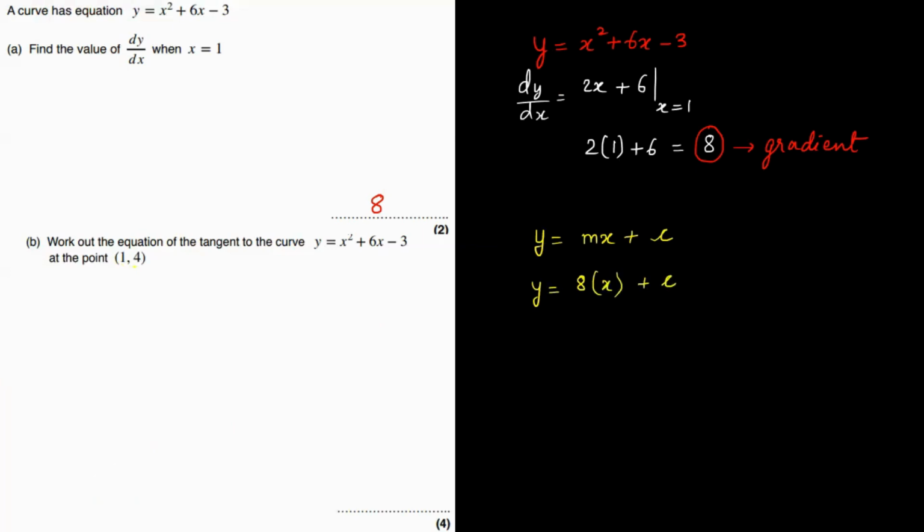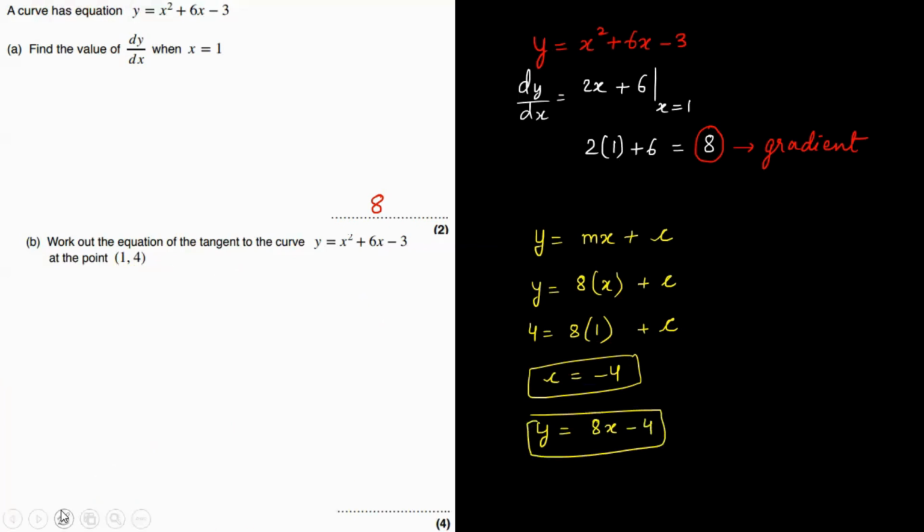The point (1, 4) lies on this line, so we put y as 4 and x as 1 plus c. So c is equal to minus 4. So the equation of the tangent comes out as y equals 8x minus 4. This is the equation of the tangent, y equals 8x minus 4.